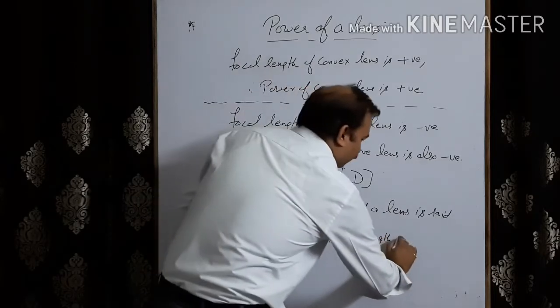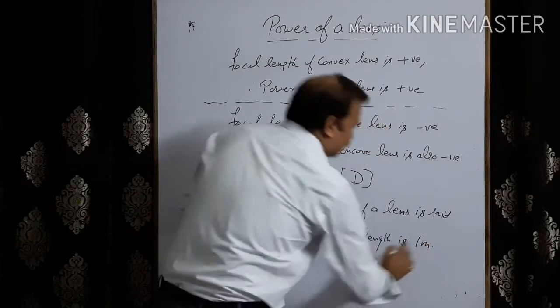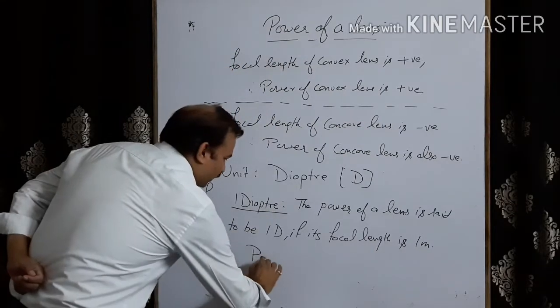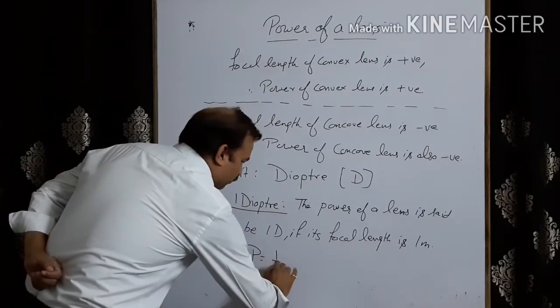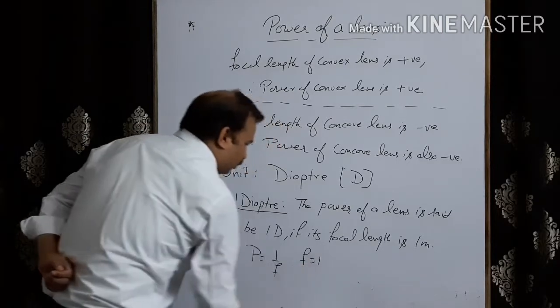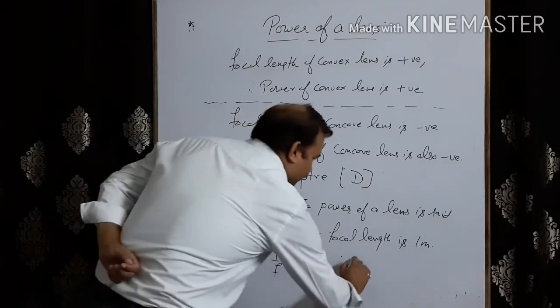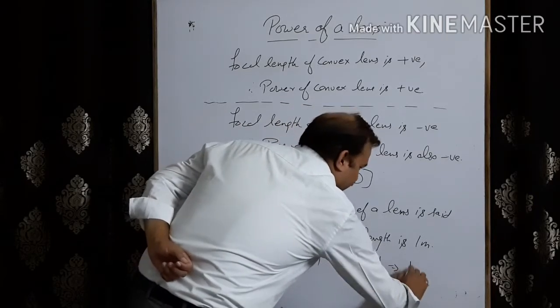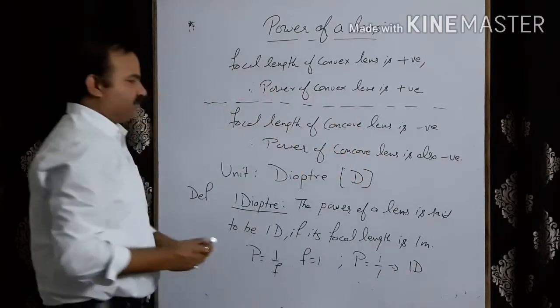See, from the formula I just told you, power is equal to 1 upon focal length. If F is equal to 1, then power is equal to 1 by 1. It means that this is one diopter.